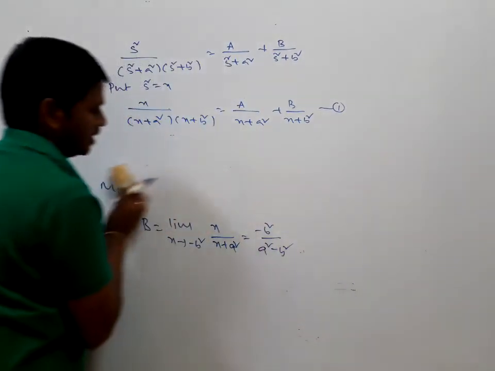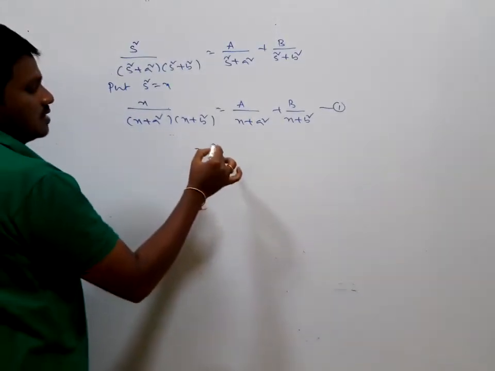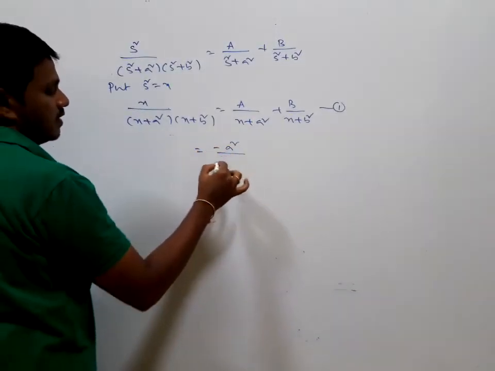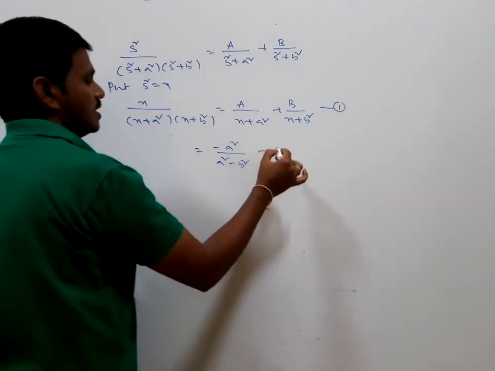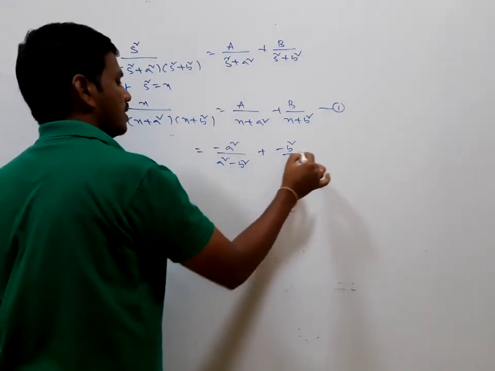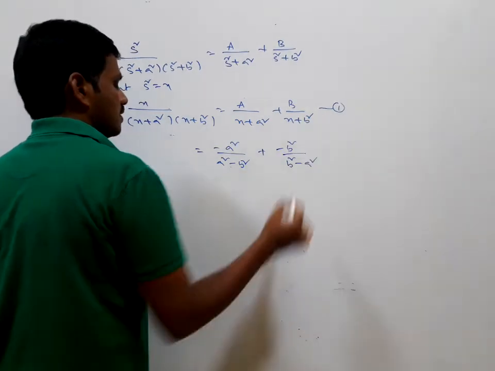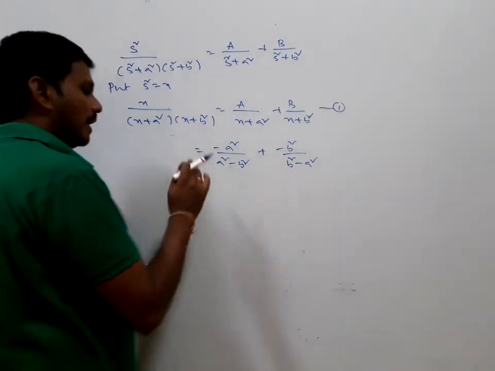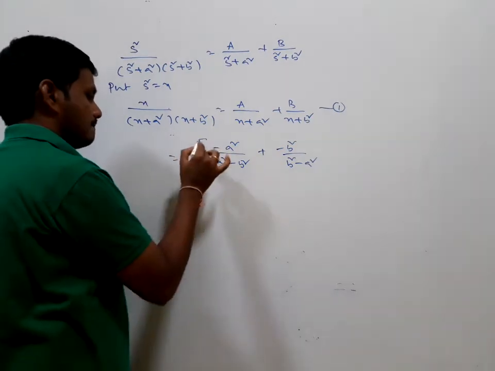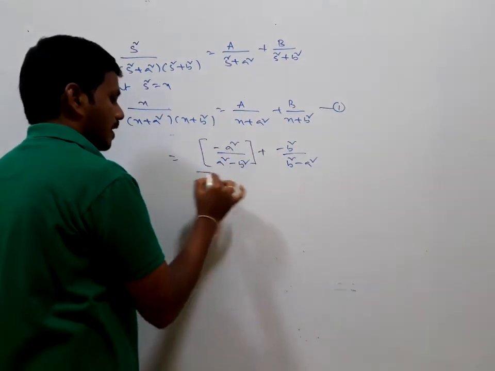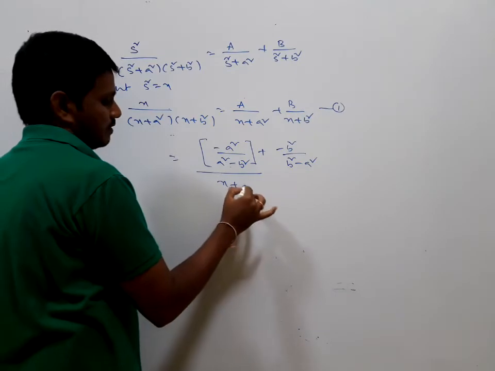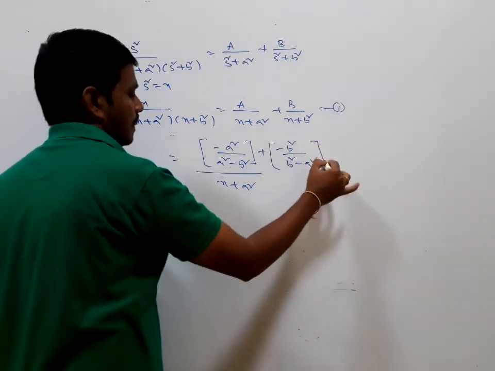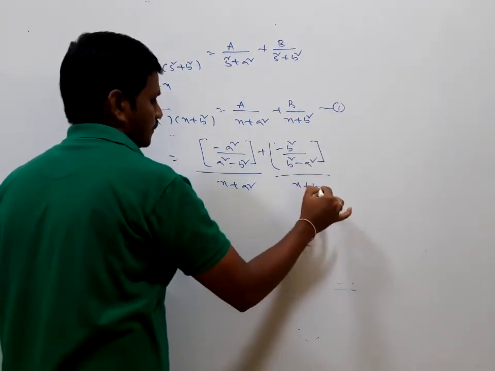So this equation becomes: a is minus a square divided by a square minus b square, b is minus b square divided by b square minus a square, by x plus a square and x plus b square.